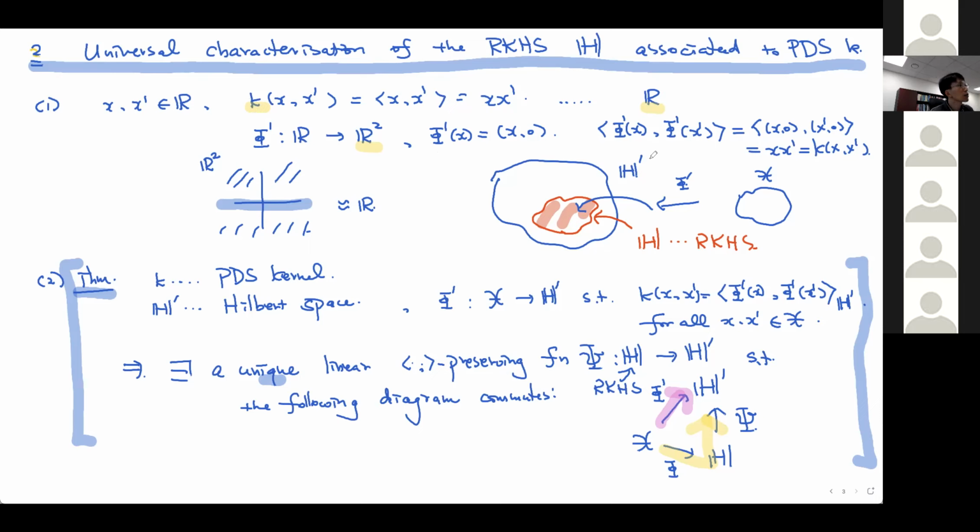So by this theorem, you can see that although the construction of the RKHS was very complex, if you simplify it, you can essentially show this RKHS is isomorphic to the set of reals. Okay, so the theorem is of theoretical interest and gives some justification about the RKHS, but at the same time, it sometimes helps you to compute the RKHS or guess what the RKHS actually looks like.